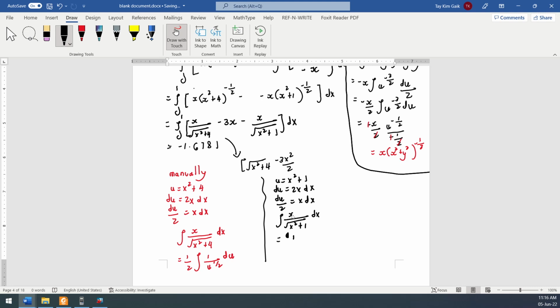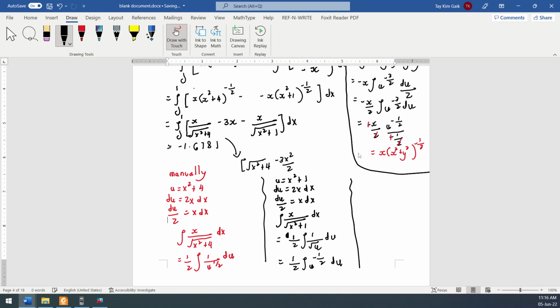Okay, x dx is half of du. x squared plus 1 is u. So you got square root of u, so it's half the integral of u power negative half du.